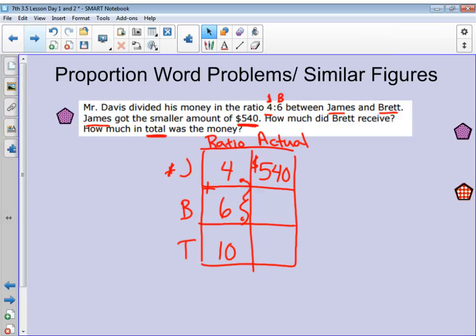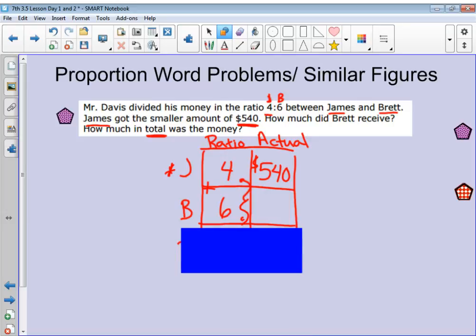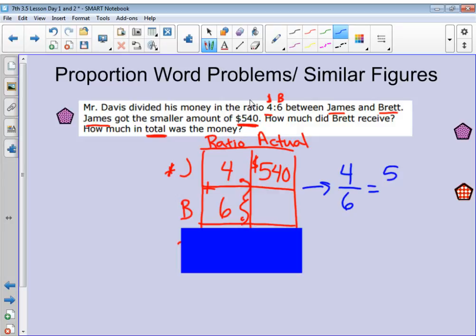In order to solve for Brett, I'm going to do a little cover up here just to help you understand what my brain does. When I'm looking at this, I start looking at it as 2 ratios. So I'm going to pull that information out, because for some of you it's just easier to see. I've got 4 over 6 is equal to 540 over, I don't know.